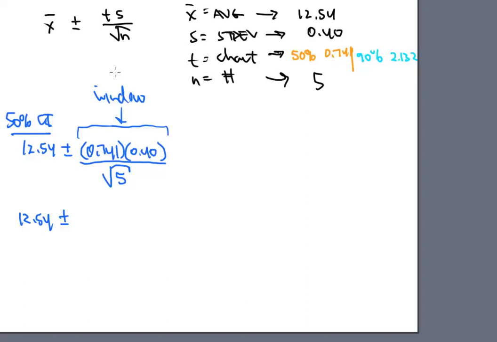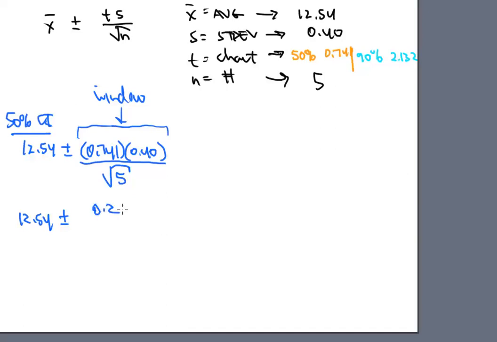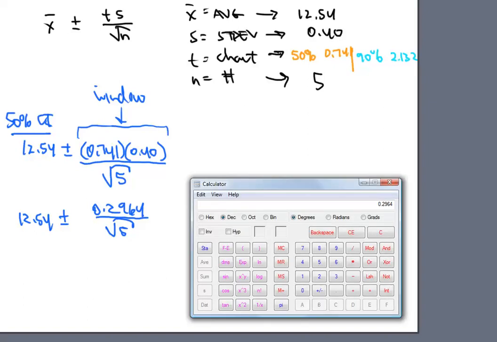So in the calculator, what I can do is I'll take 0.741 multiplied by 0.4, and I hit enter, and that will give me 0.2964. And then I'm going to divide that by the square root of 5. You got to be careful in the calculators though. You want to make sure that you do the order of operations and that it's interpreting it the right way.